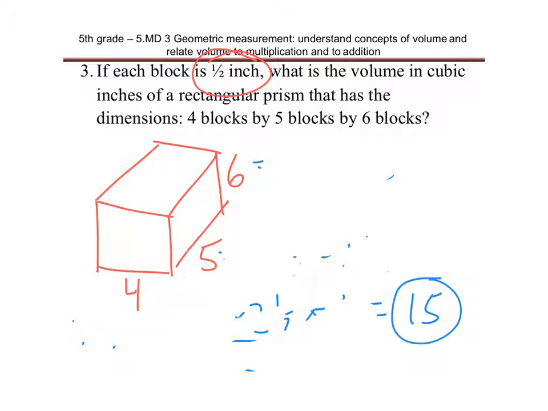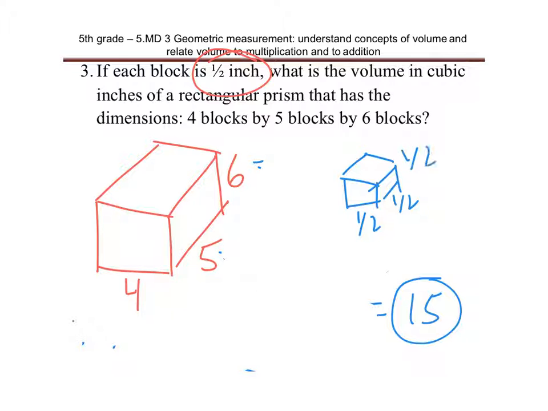If you have a cube that's a half by a half by a half, let's just draw that out. What's the volume of that cube? Well, we multiply that together. We get 1/2 times 1/2 times 1/2 equals an eighth. So each of these cubes that we're making, we've got 1, 2, 3, 4, 5.